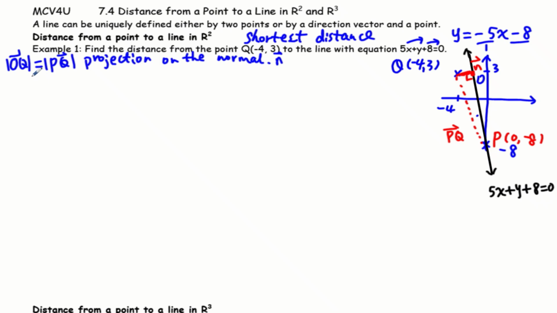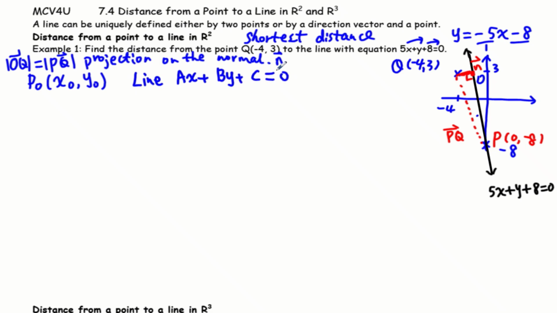So if we have a point P (x0, y0), and the distance to the line ax plus by plus c equals 0.